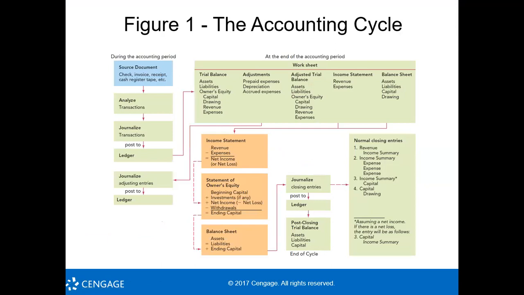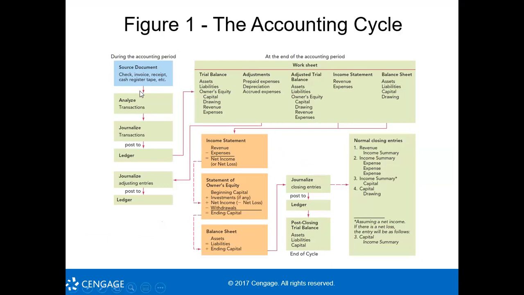Okay, so this is another way that your book shows you the accounting cycle. Basically, we start with source documents. These are things like checks, invoices, receipts, cash register tapes, labor time tickets, or could also be bank statements, things like that, right?